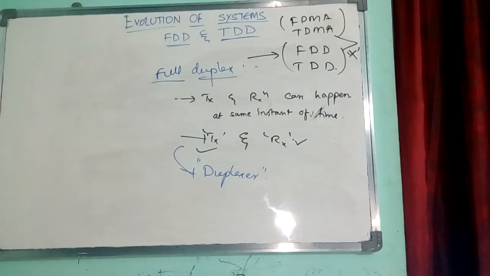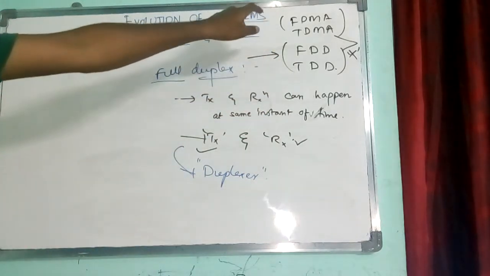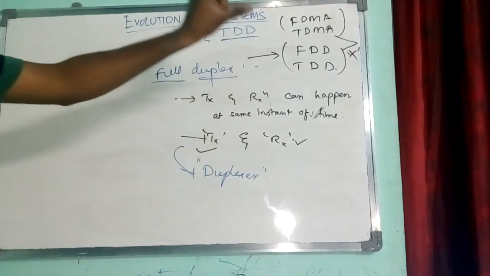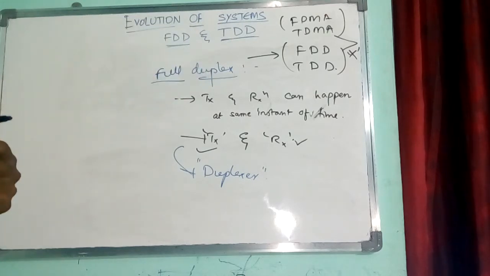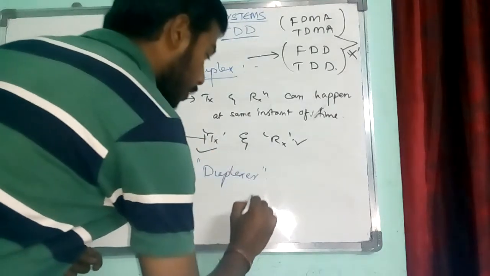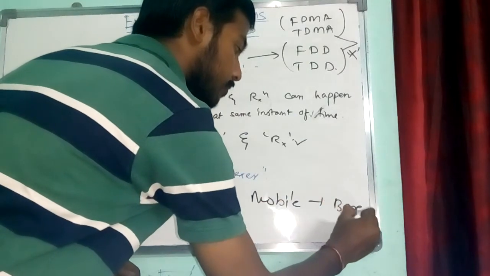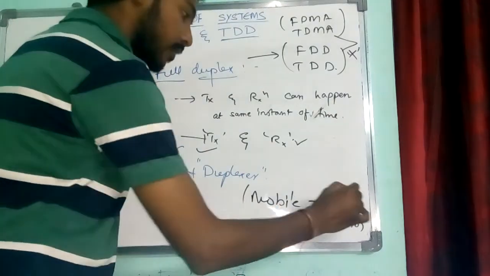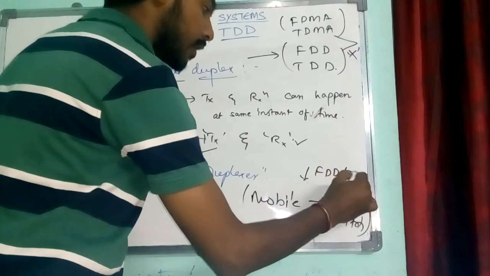People need to be aware that FDD and TDD and FDMA and TDMA are not similar, because FDD and TDD refer only to the communication between the mobile and base station. For this purpose we use FDD and TDD.